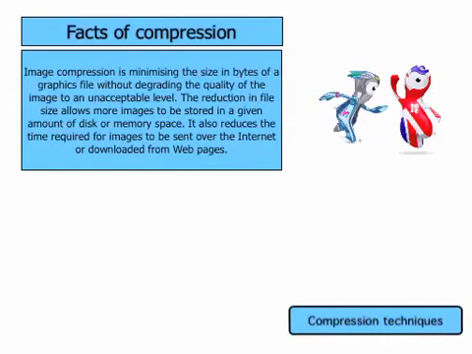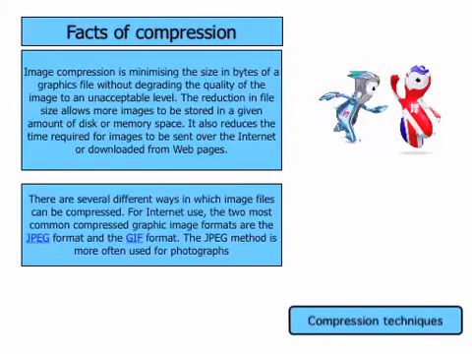There we go. So it reduces the amount of space that it takes up, but obviously you've got to make sure that you don't reduce the size of the file so much that you start to have an effect on the image itself.